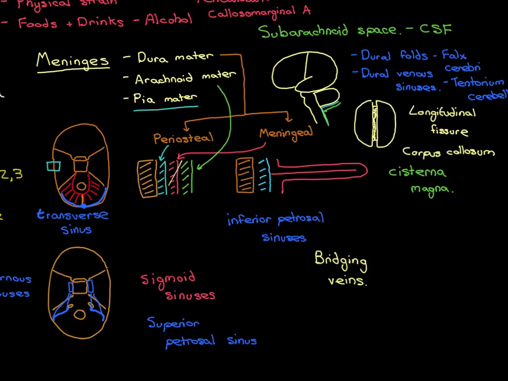Right, so the first thing to explain again, and I have already explained this, but I'm going to explain this again just to make sure it's absolutely crystal clear, is that there is a delay between the cortical spreading depression and the actual activation of the meningeal nociceptors.